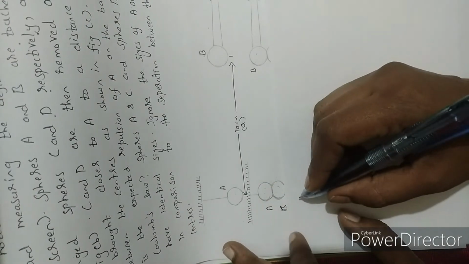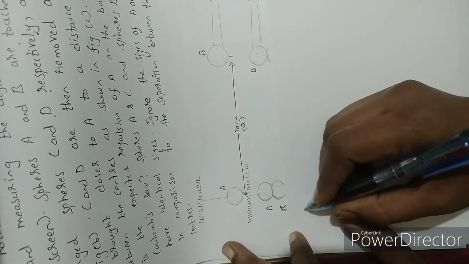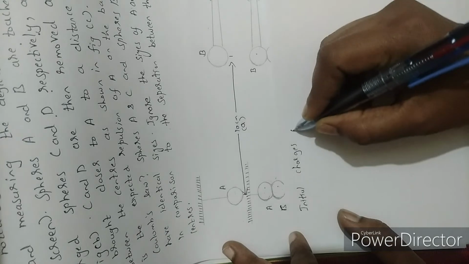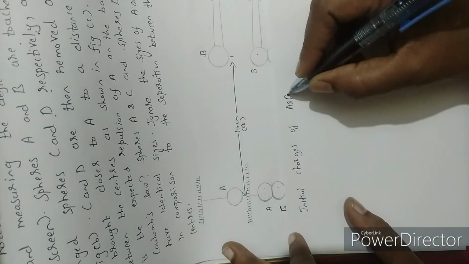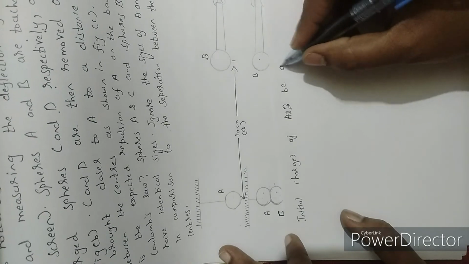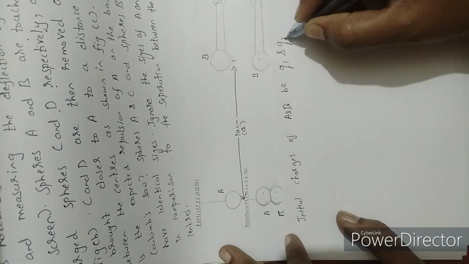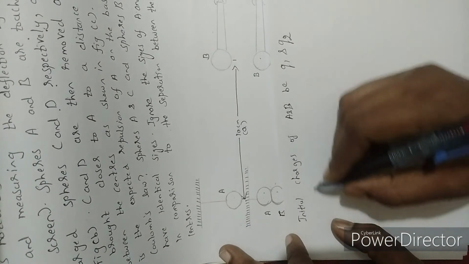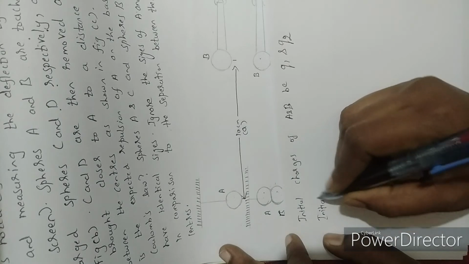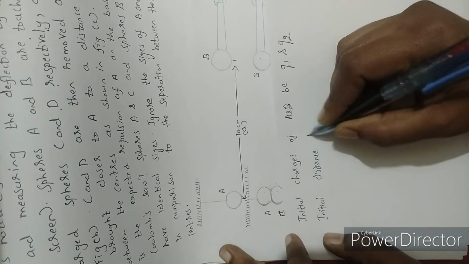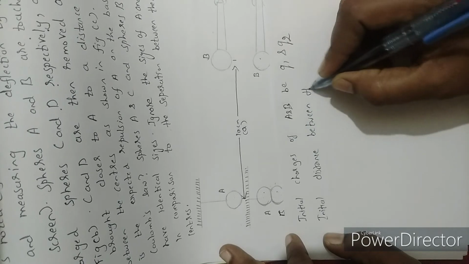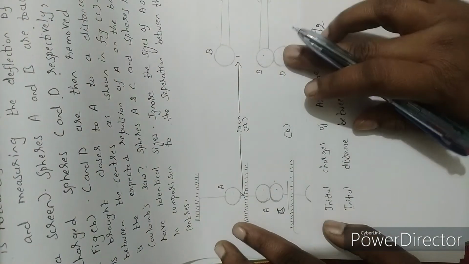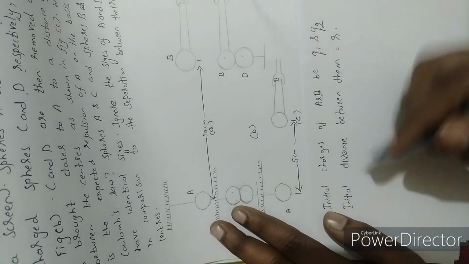So initially, before touching with C and D, let us consider the initial charges of A and B to be Q1 and Q2, right? And the initial distance between them is equal to R. Now after touching with C and D and leaving them like this, what will happen?